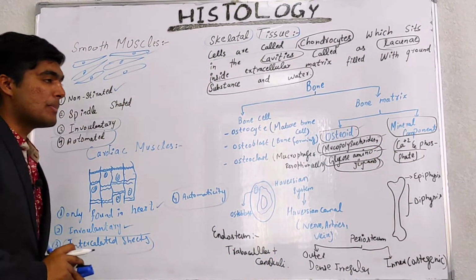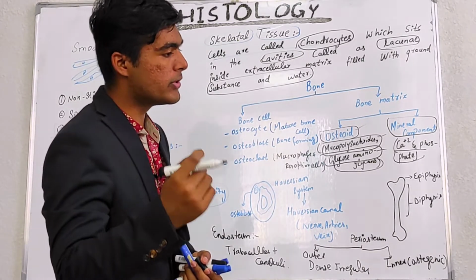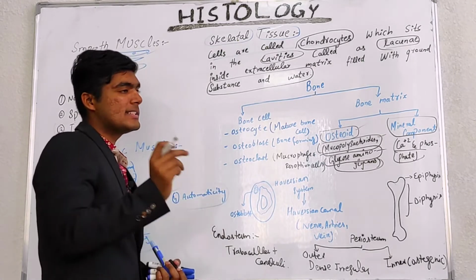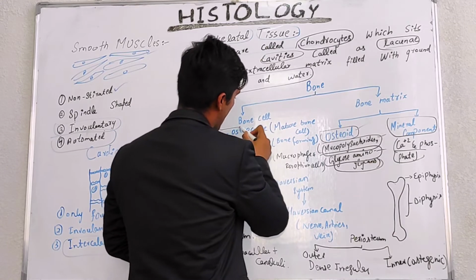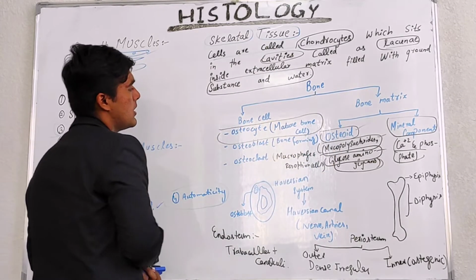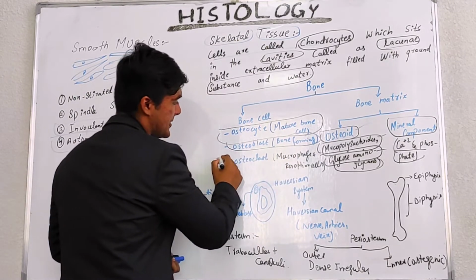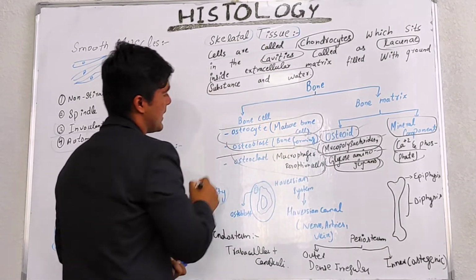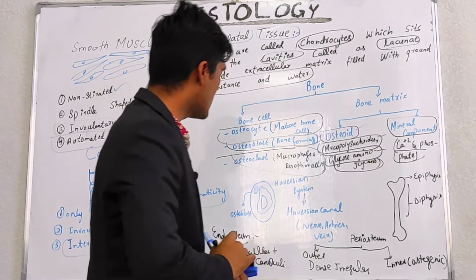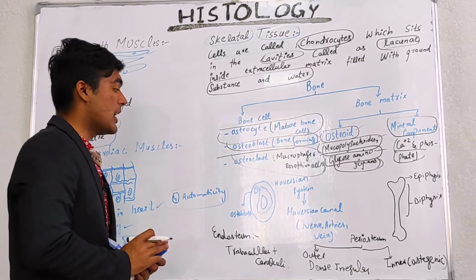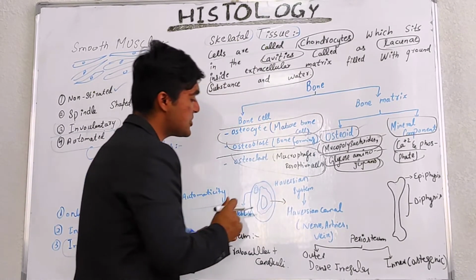When we talk about bone cells, there are four types: one is bone forming, one is bone dissolving, one is a mature bone cell, and one is a stem cell. The progenitor is the stem cell, the osteocyte is the mature bone cell, the osteoblast is the bone forming cell, and the osteoclast is the bone dissolving cell. We also see macrophages or resorption cells. In the cross section of bone, in its outer part, we have the Haversian system.